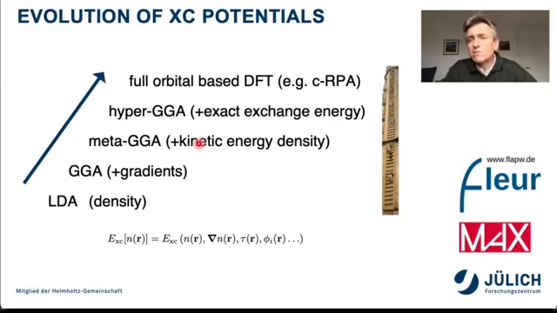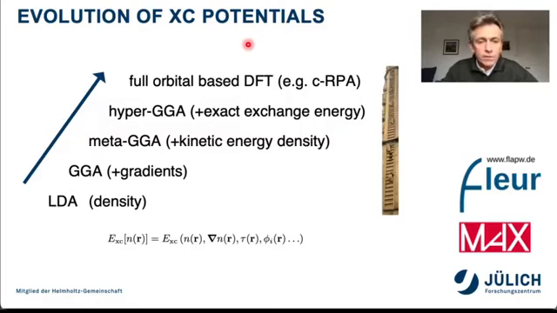And then you come already to orbital-based DFT, which sounds a little bit strange, but this is what at the moment gives, let's say, the best ab initio results. Also the costs are rather high. This development is sometimes called the Jacob's ladder to chemical accuracy, so things get better and better the more input you give into your exchange correlation potential.